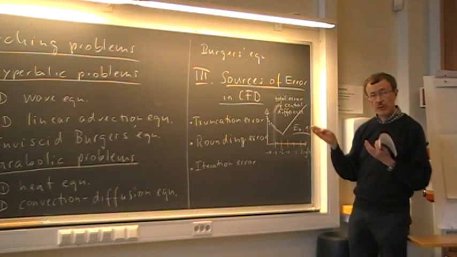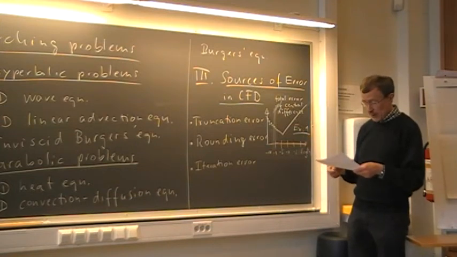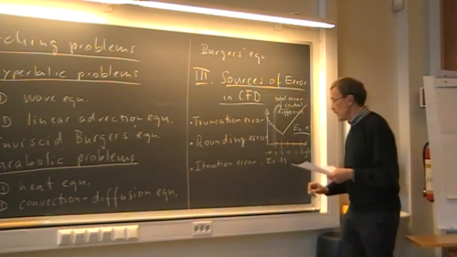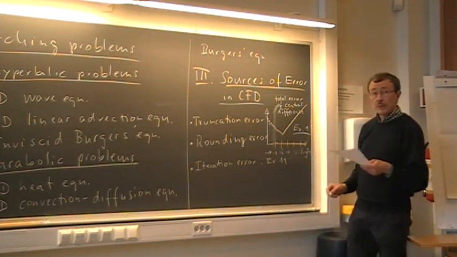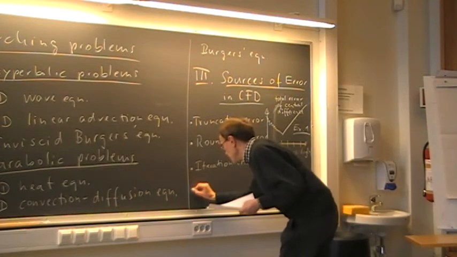So we make an error when we stop the iteration at some point. Then we are not solving the linear system accurately. And that is what we studied in exercise 11. And then the error that we studied in almost every exercise, that was the discretization error.